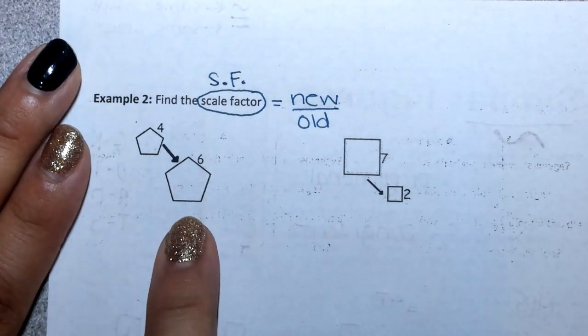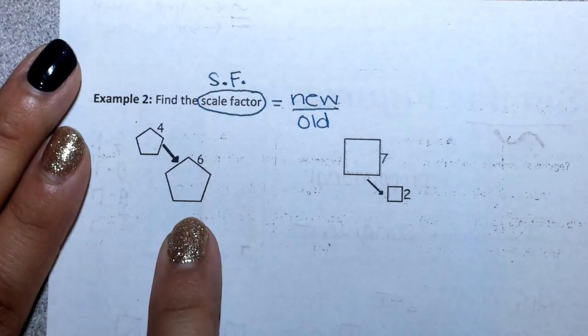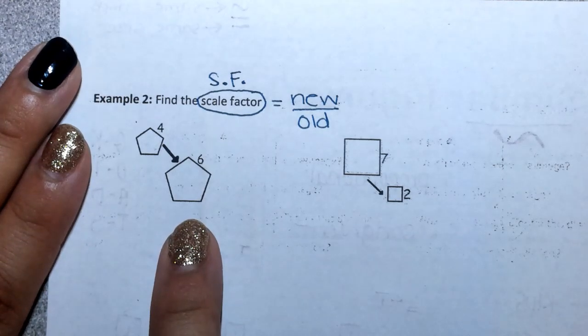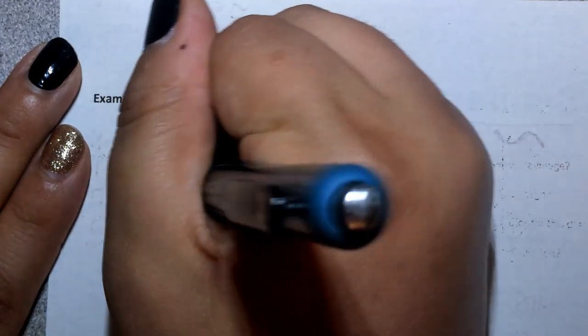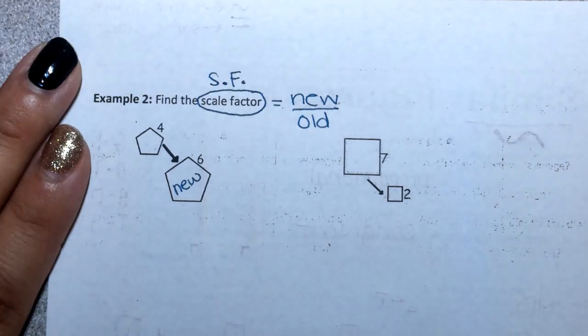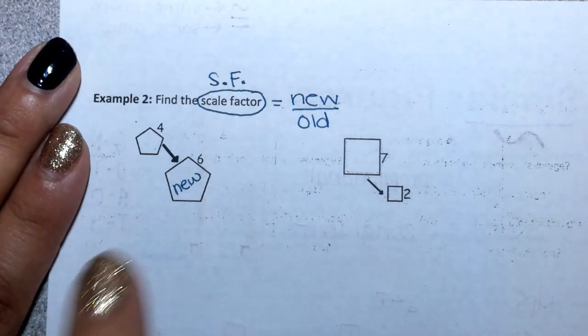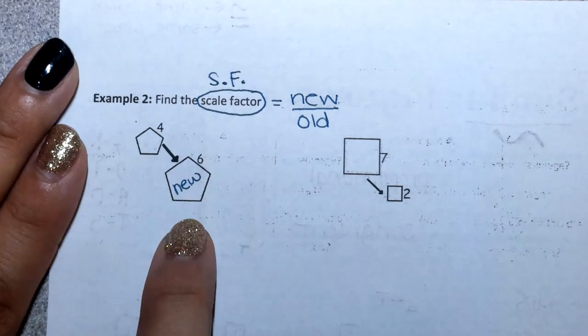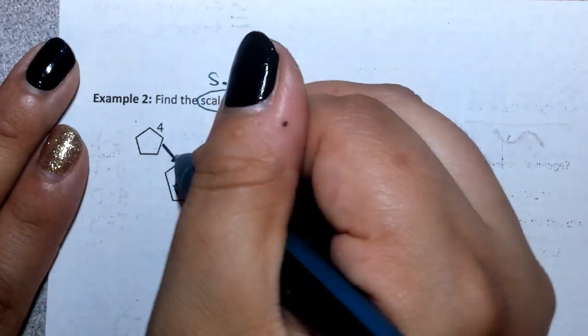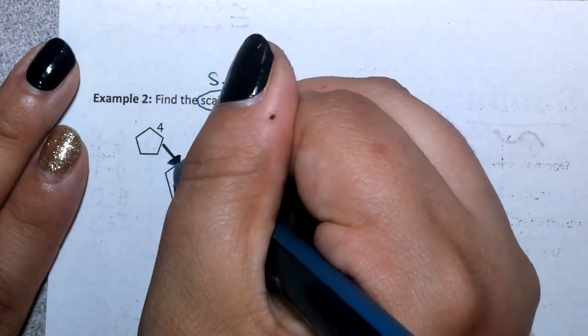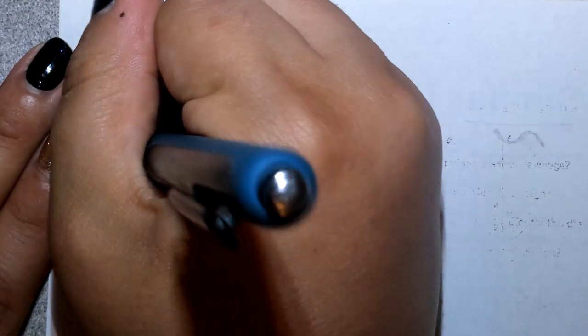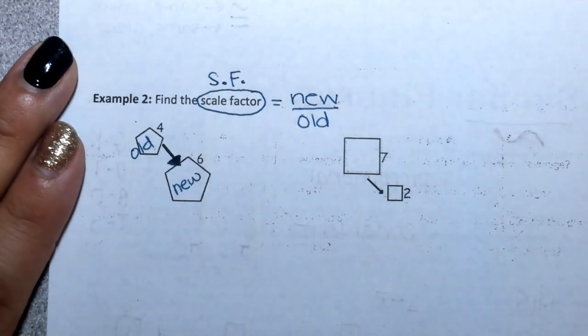So, let's look at this first picture. Which one's my new? Which one's my old? So it's not always going to be the big one. It does happen to be the bigger one is my new. But why is this the new one? You have to look at the arrow. The arrow always points at the new. And my other one is my old.